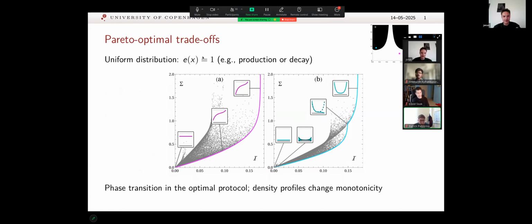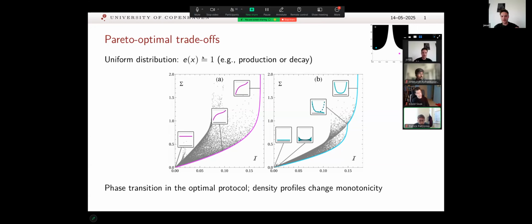Okay, so final thing then. If we look at the entropy production versus information, we see basically in the white region a nicely monotonic trade-off between the two, where monotonic density profiles dominate everything. And if we now go to the black region of phase space, we actually see that we have a switch between monotonic profiles and non-monotonic ones, characterizing the highest degree of positional information.